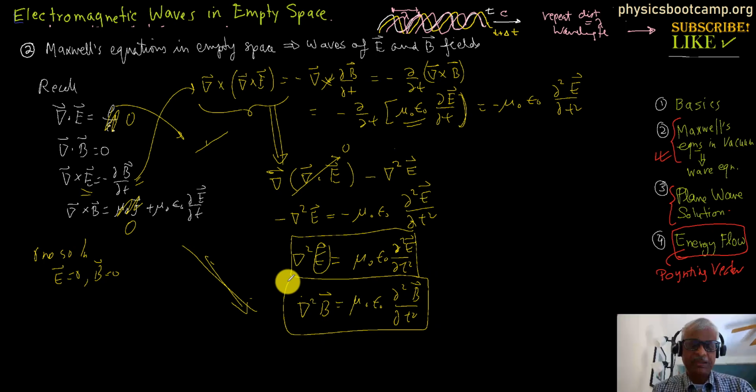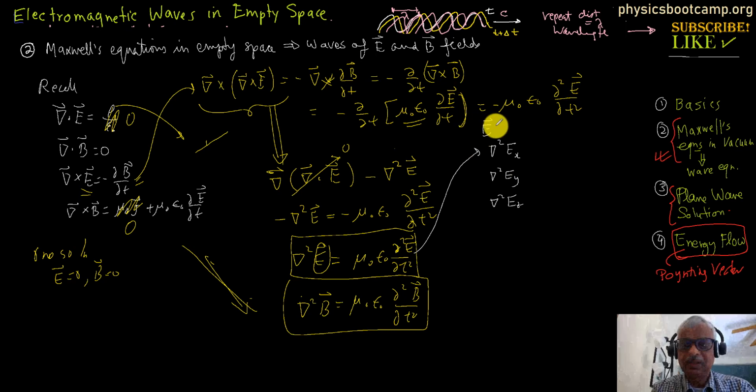Let me clean this up and talk about it a little bit. But before we do that, let's look at what this actually is. This has three equations. You can say del square E of the x component, del square E of the y component, and del square E of the z component.